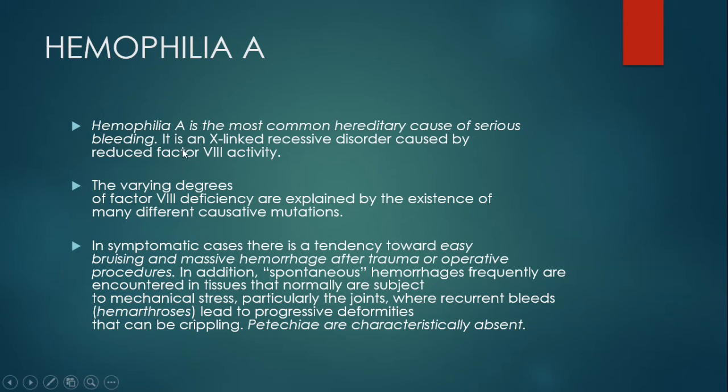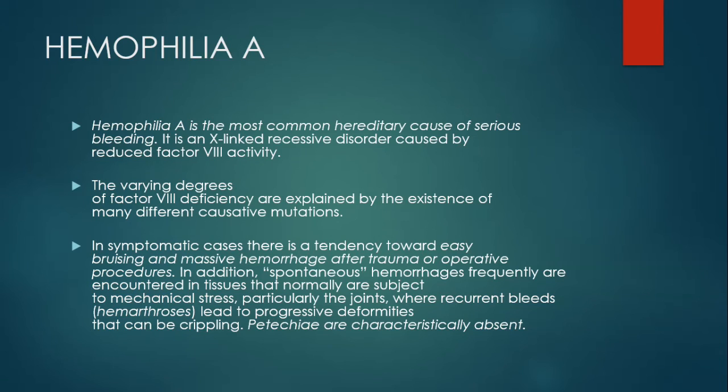The varying degrees of factor 8 deficiency are explained by the existence of many different causative mutations. Basically, there is a mutation in the gene, which can be a translocation, substitution, deletion, or many other genetic mutations.